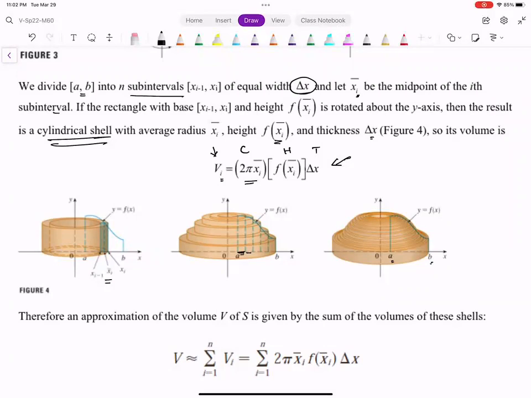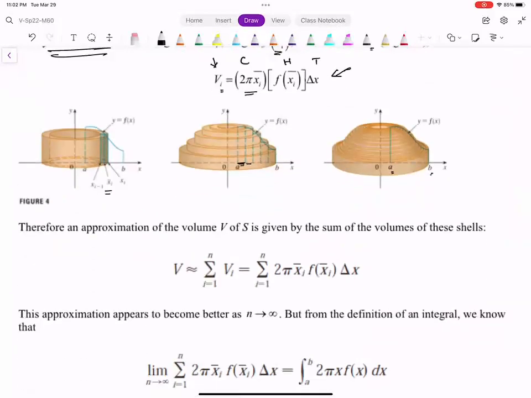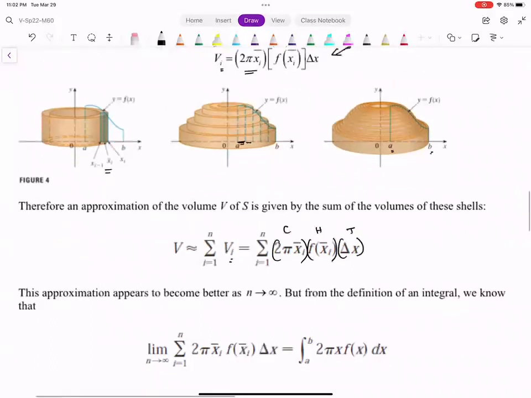We add all the volumes from A to B as a Riemann sum. So V equals the sum, i varying from 1 to n, of V_i. Each V_i is circumference, 2 pi x_i, times height times thickness. We do this for all the volumes, and we also allow n to approach infinity.